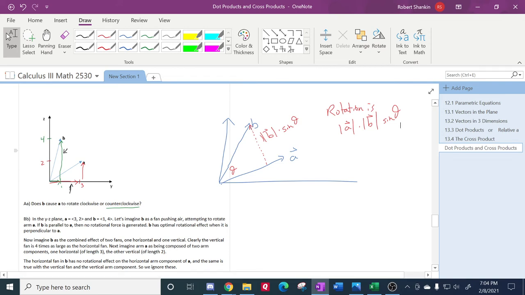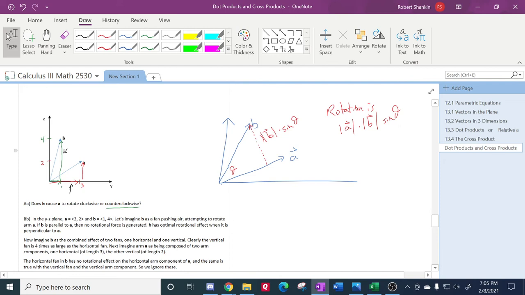The vertical fan is 4 times as powerful as the horizontal fan. But if those 2 fans were both pointed at the same spot simultaneously, together they would produce this kind of force. All right, so we've broken up the big fan, replaced it with these 2 other fans.